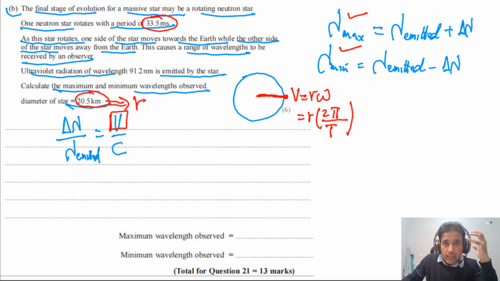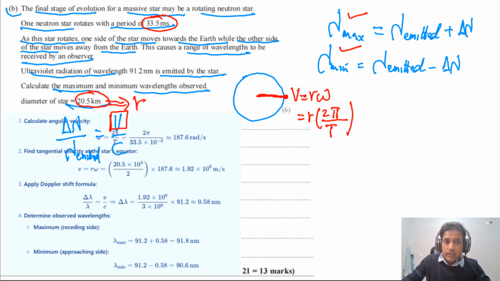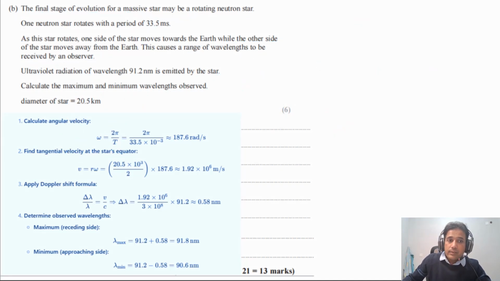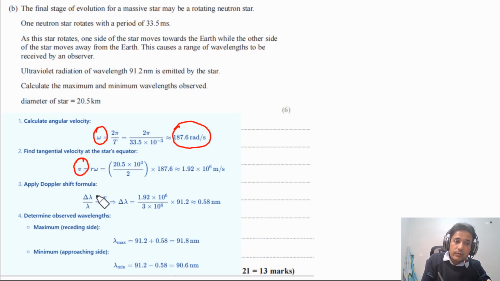So always organize your thoughts. First of all, what is the main thing you need to calculate? Start from that, then go backward. What is given to you and what you need. Then you need to figure out how you can find the value of the unknown quantity. If you look at this answer now, first of all I have calculated omega, then we have found V max, then delta lambda by lambda, and from here delta lambda.